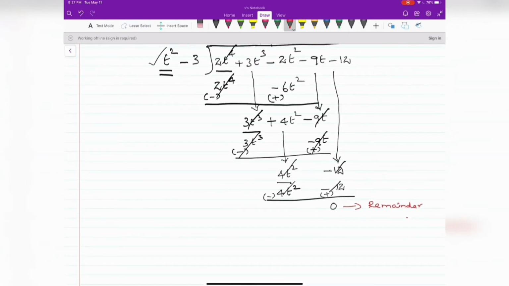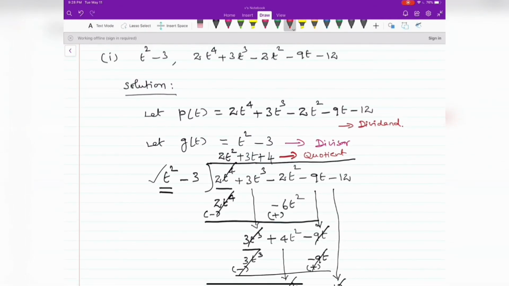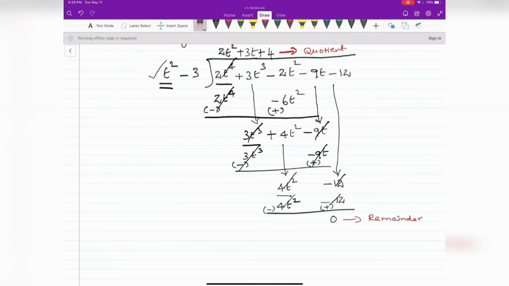Now that you are getting the remainder as 0, you can conclude t square minus 3 is a factor of 2t power 4 plus 3t cube minus 2t square minus 9t minus 12. Now that we got the remainder as 0, we have to conclude our answer properly.